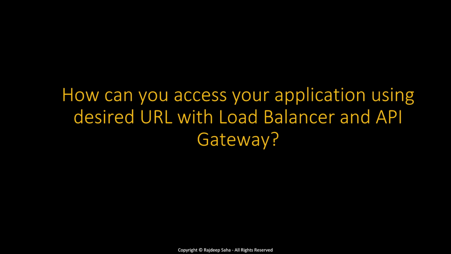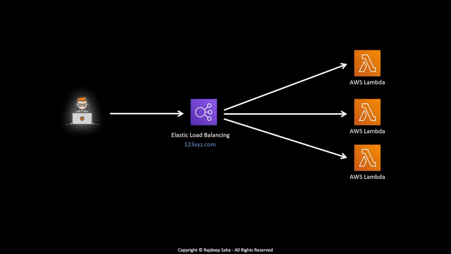So next question, how can you access your application using a desired URL with a load balancer and API Gateway? Probably you know the answer with a load balancer. You have an application load balancer, let's say fronting a bunch of Lambdas, and the application load balancer will give you some sort of cryptic DNS like 123xyz.com.